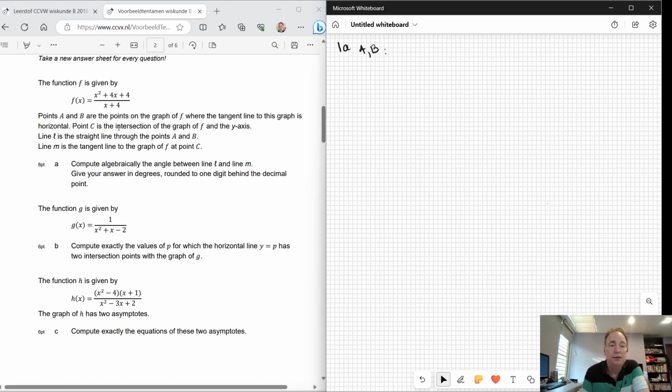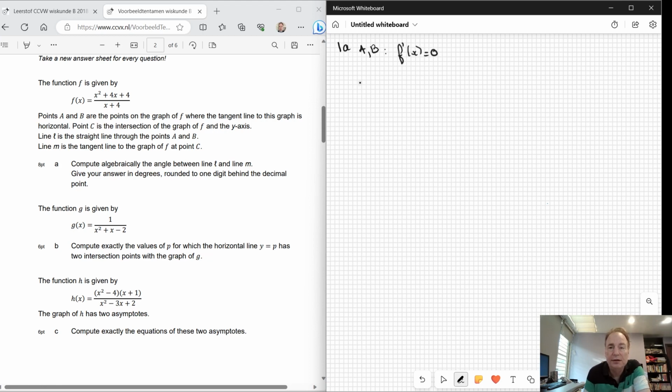The tangent is horizontal. That means the derivative of f at points A and B has to be 0. So we need to figure out where f prime of x is equal to 0. So what is f prime of x? Well, we use the rule for taking the derivative of a quotient of functions.